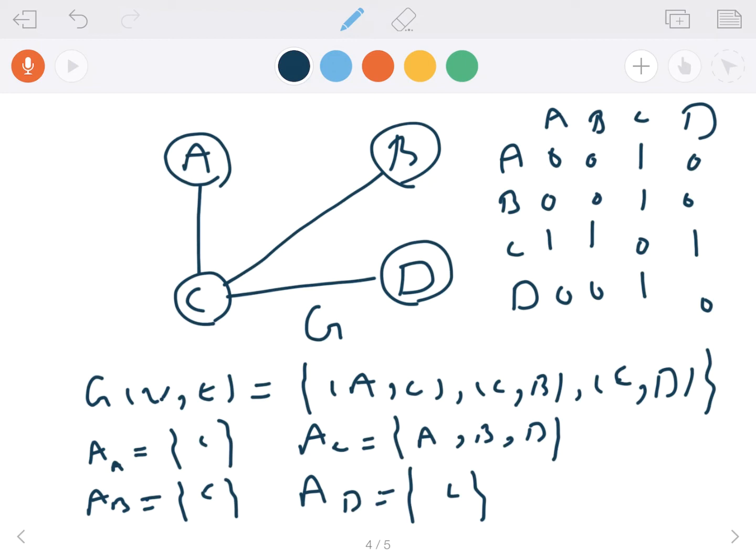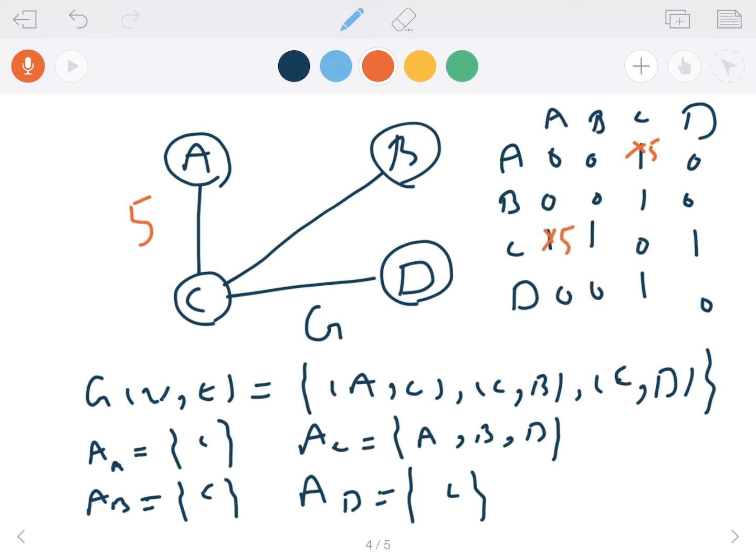That says what the connections are between any two vertices we have in graph G. Now let's assume that our graph is weighted. So the cost of going from A to C is equal to 5. So the cost of going from A to C or from C to A is equal to 5. Here in the adjacency matrix, I'm going to replace 1 with 5, and from C to A also equal to 5.